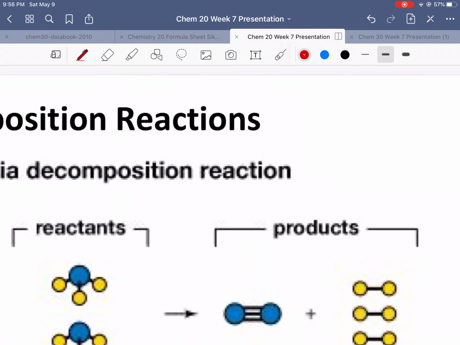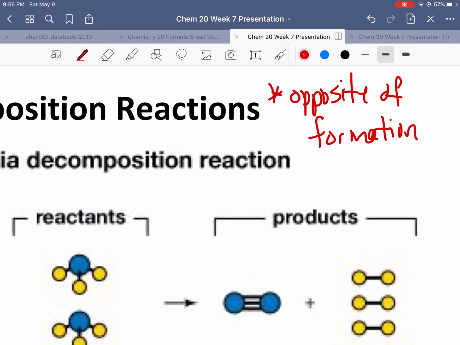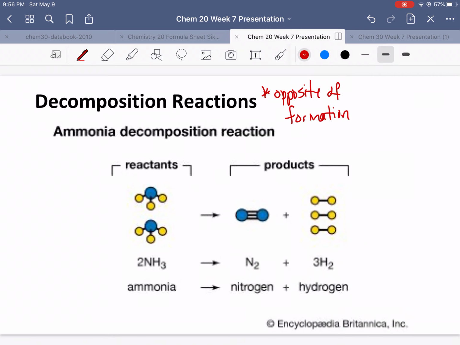Now, make note, decomposition is indeed opposite of formation. So if formation reactions took individual elements and formed a single product, this time we're taking a single reactant and decomposing it into individual elements. Total opposite, guys, right?